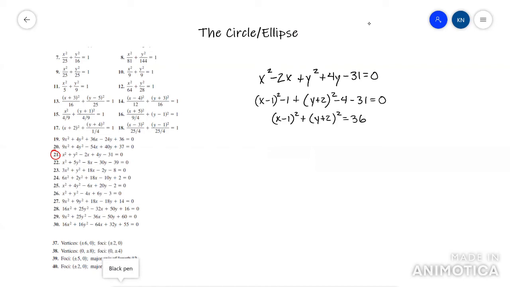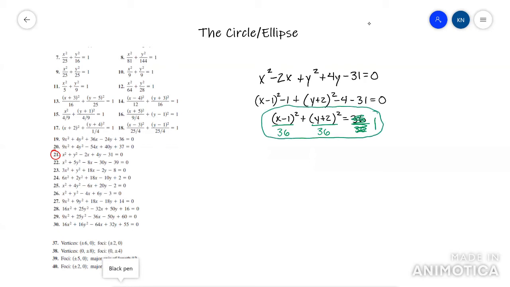Now I'm going to divide by 36. This over here is going to become equal to 1. And so this is now in standard form.